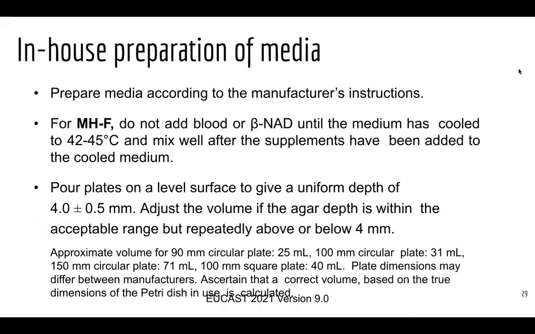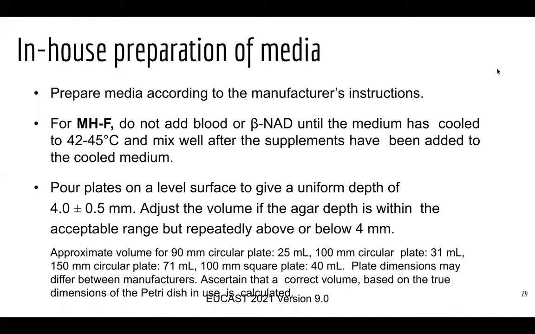So I would tend to prepare your media to the manufacturer's instructions. Also, when you're making agar, as I said before about autoclaving your agar, you don't want to autoclave when you've got the blood there, unless you're making chocolate agar.